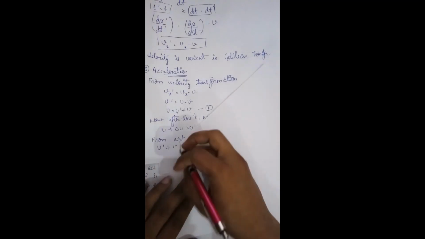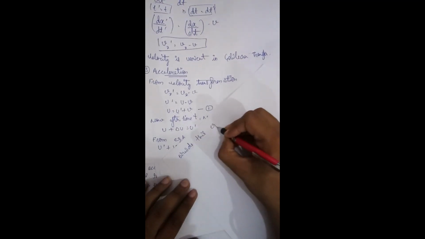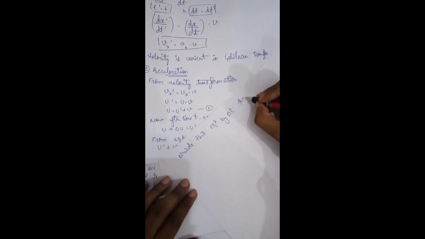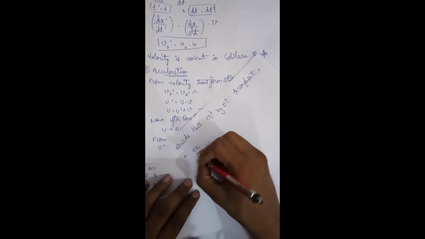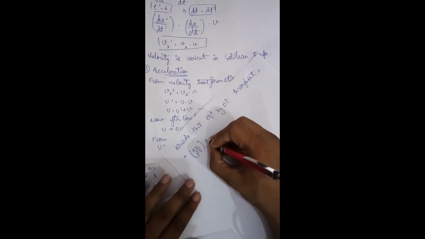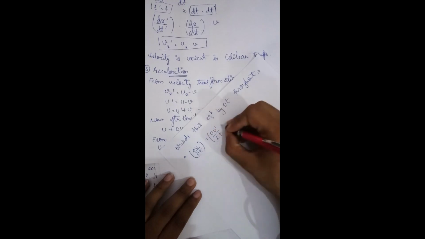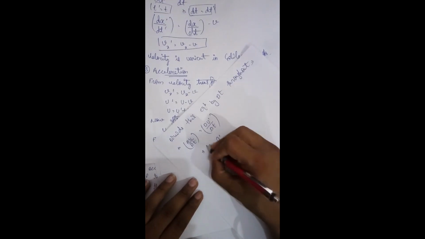Okay, and finally divide this equation by del t throughout. This implies del u upon del t equals del u dash upon del t, which implies a equals a dash.